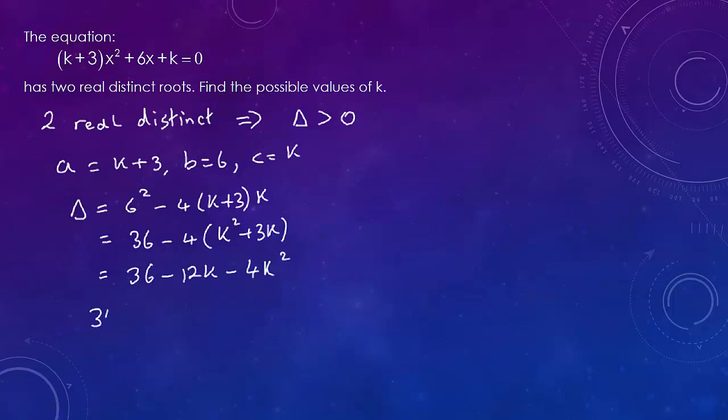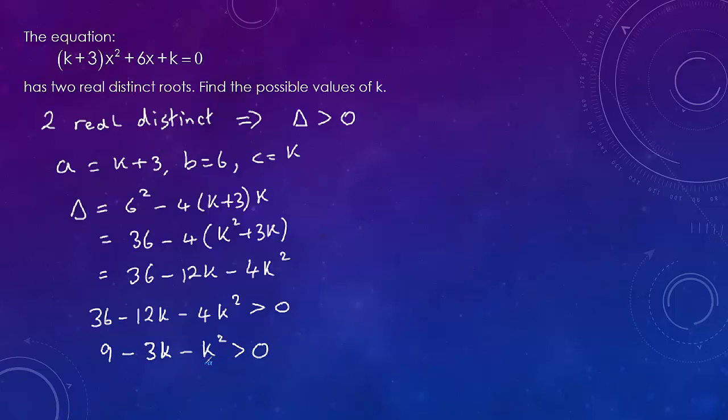So we're after 36 minus 12k minus 4k squared is greater than 0. Now we can take out a 4 here, so divide through by 4. We're okay to do that. We're dividing through an inequality by a positive number, which is fine. So that's 9 minus 3k minus k squared is greater than 0.